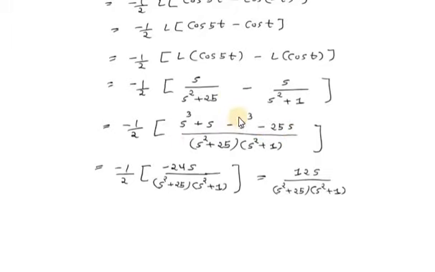So s cube and minus s cube will cancel out. Plus s is minus 25s, the answer is minus 24s, and the denominator will be as it is. And minus minus is plus, divide 24 by 2, the result is 12s, divided by s square plus 25 into bracket s square plus 1. So this is the final answer.